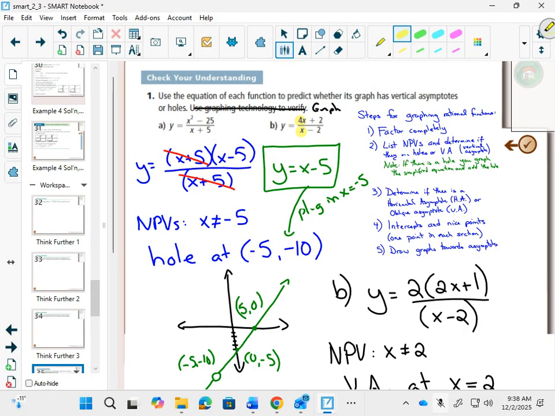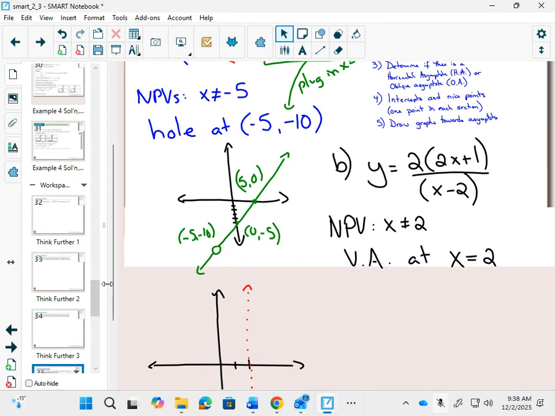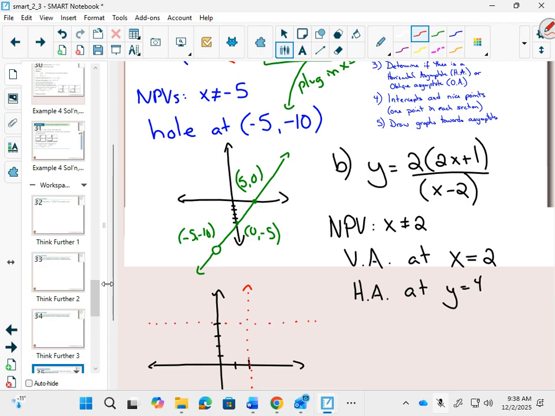And you can ignore everything except for the highest degree. If I take 4x divided by x, I am going to have a horizontal asymptote at y equals 4. I add that to my graph.